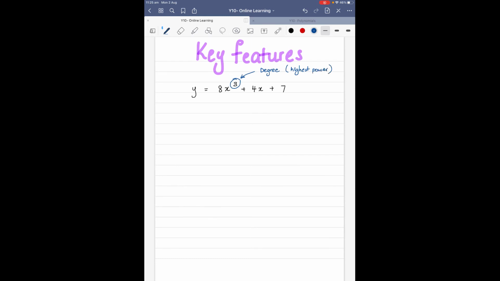That means if you have a look at these, there are 3 terms. There's 1 term, 2 terms, 3 terms in this polynomial. And this means that this whole term here, because it has the highest power, we call it the leading term. Okay, the leading term doesn't have to sit at the front.